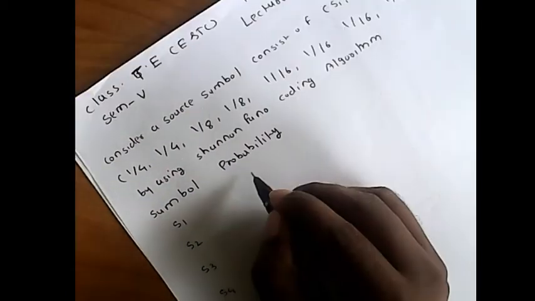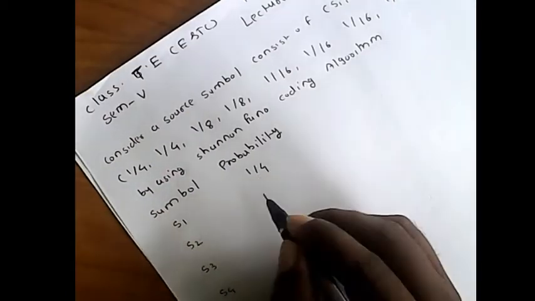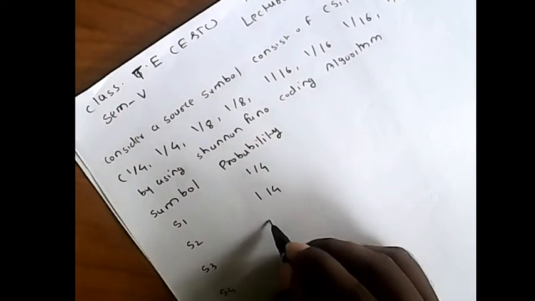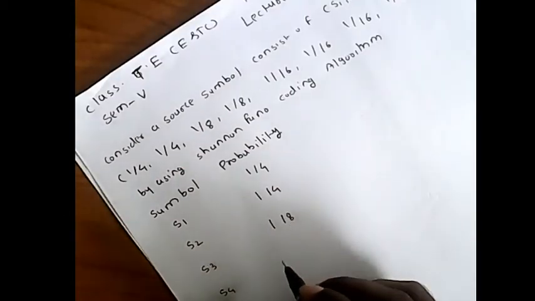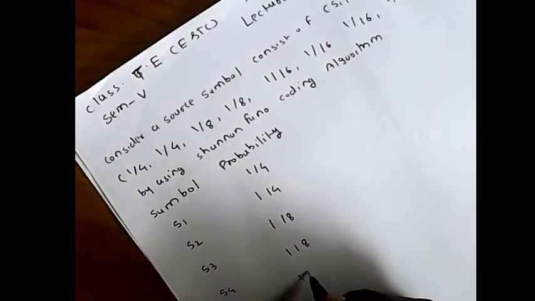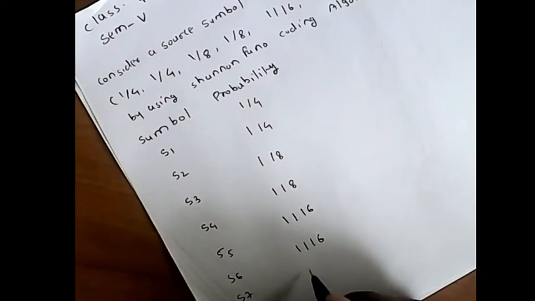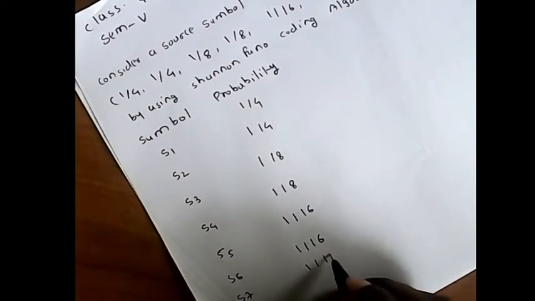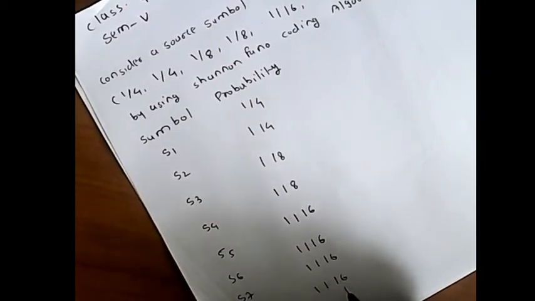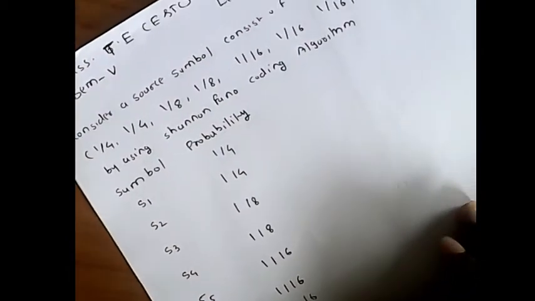So we write the probabilities: 1 by 4, 1 by 4, 1 by 8, 1 by 8, 1 by 16, again 1 by 16, here 1 by 16 for S7 and 1 by 16 for S8.